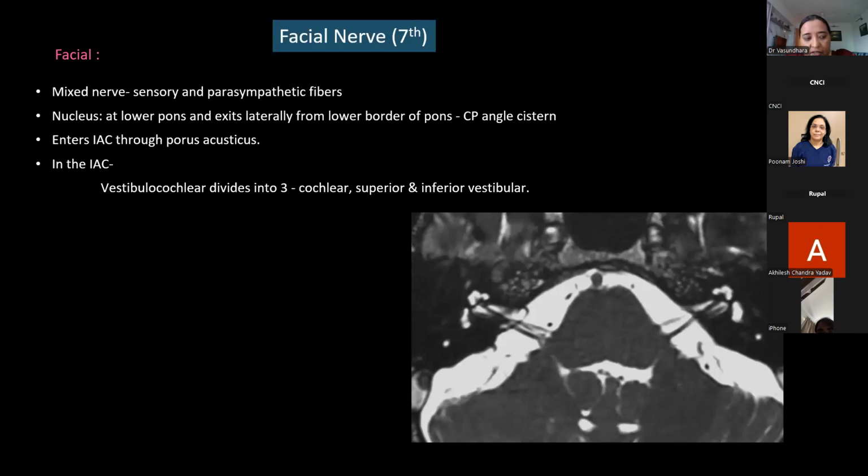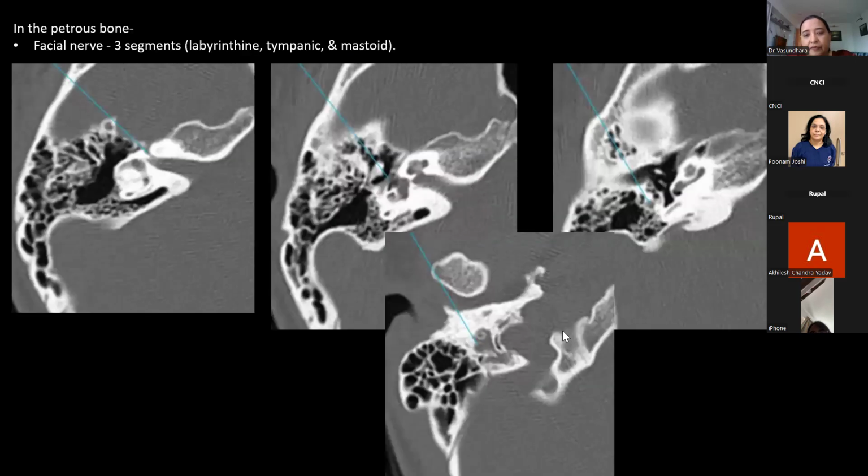Now I had shown you the facial nerve outside the stylomandibular foramen. But when there is perineural spread, we need to comment on the facial nerve involvement within the temporal bone. So how is the facial nerve placed? It arises from the pons, goes into the internal auditory canal over here. And this part is better seen on a T2 weighted image.